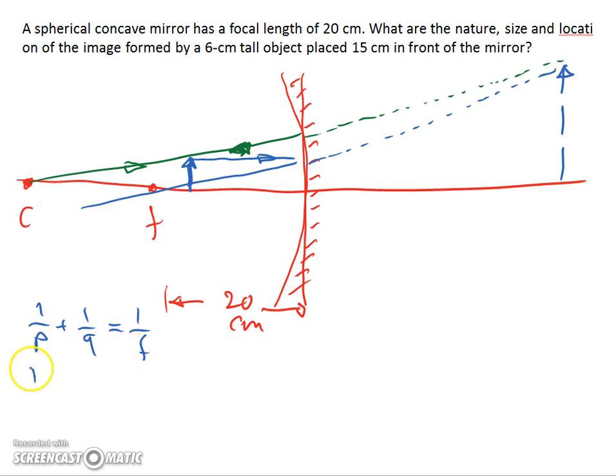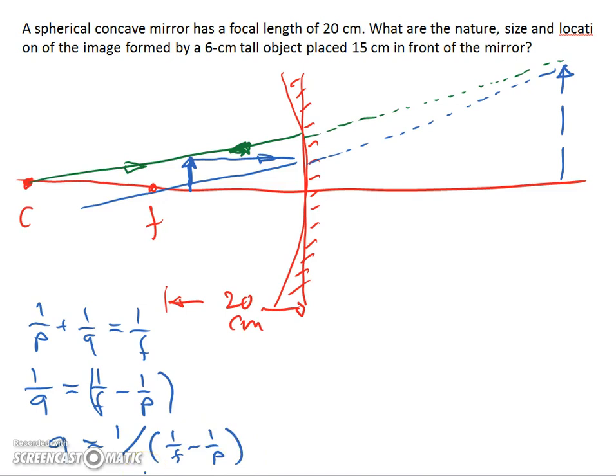So we can subtract 1 over p from both sides. And we can invert both sides, but first we need to remember to put a bracket around that, and that will give us that the image distance is 1 over f minus 1 over p.